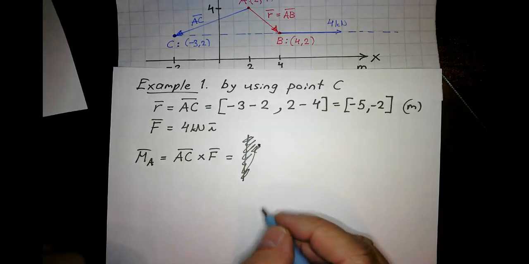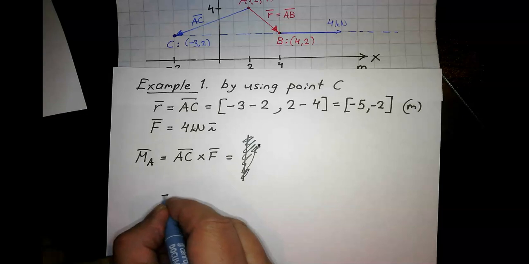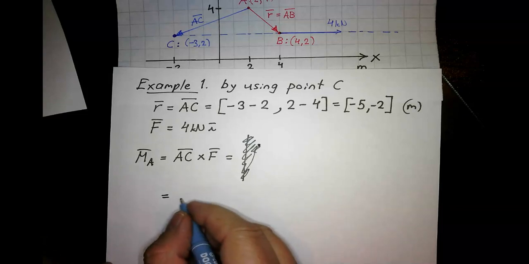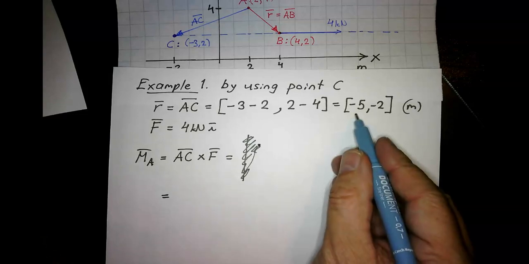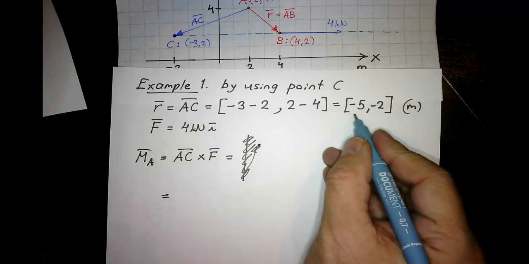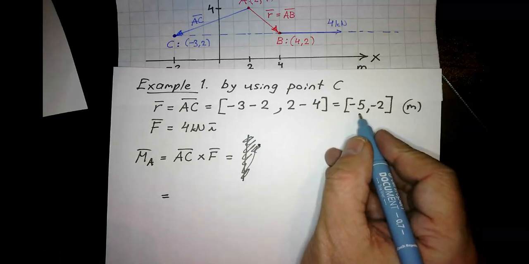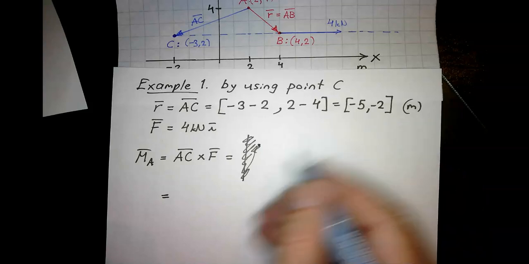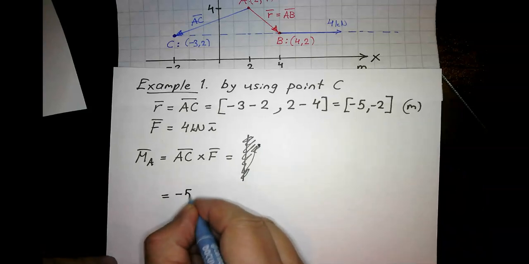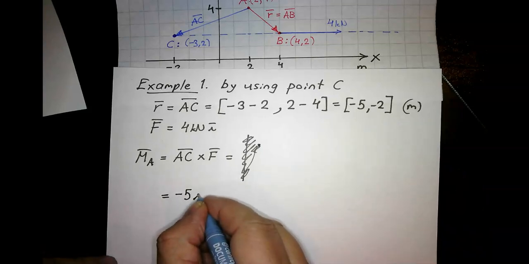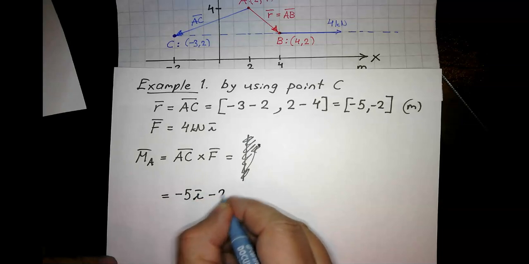I will do this with a simple method right now. I will take the vector AC in bracket form. It is -5, -2, but with unit vectors it will be -5i -2j.